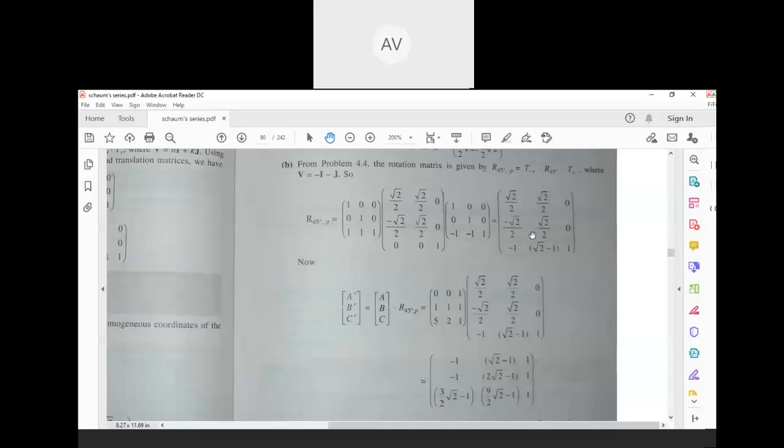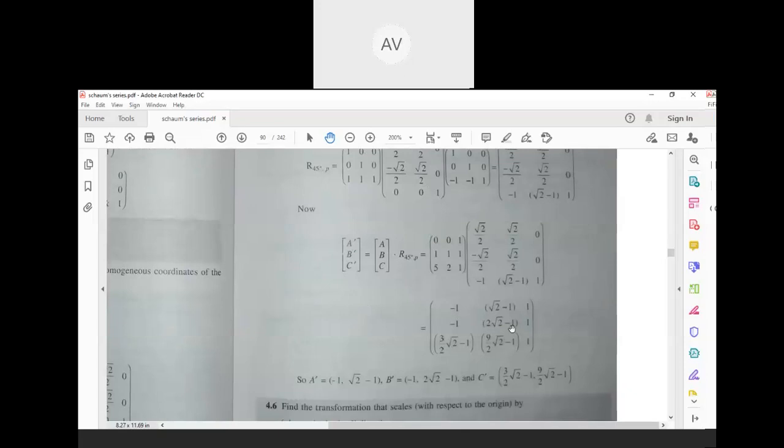Once we get the composite transformation matrix, we multiply that with our original coordinates. So we will get the new coordinates of the rotated triangle.